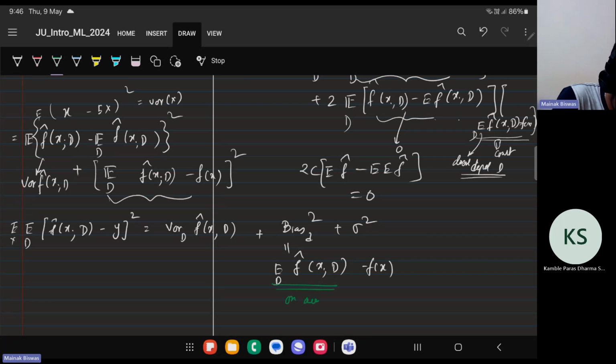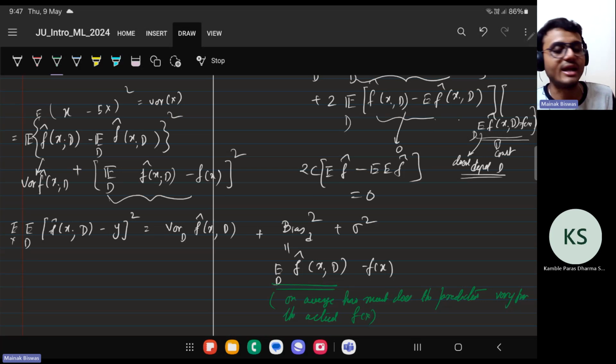So what is this? On average, how much does the prediction vary from the actual f of x? So this is how you define the bias. Again, you define variance plus bias square, and this is error.